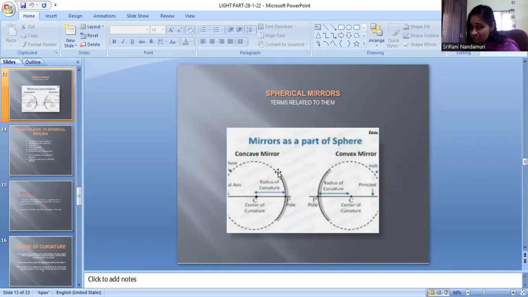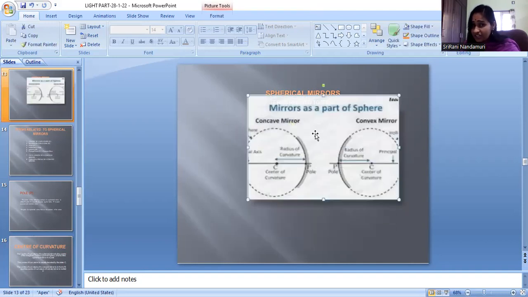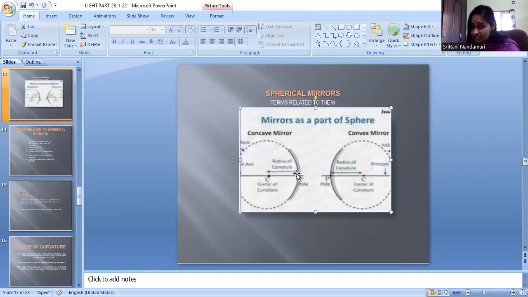If you assume this is the M point and this is the end point, the reflection takes place between these two points. This is called the aperture. Understood, children?